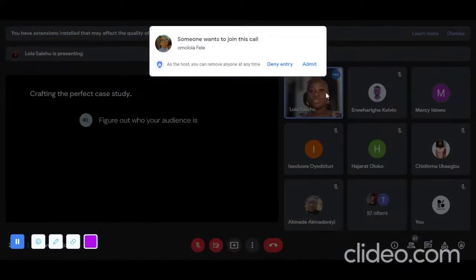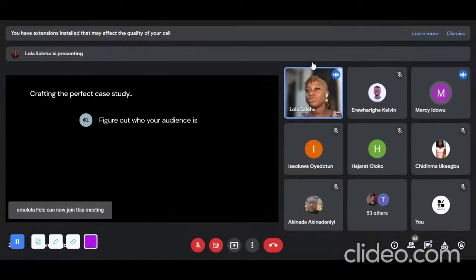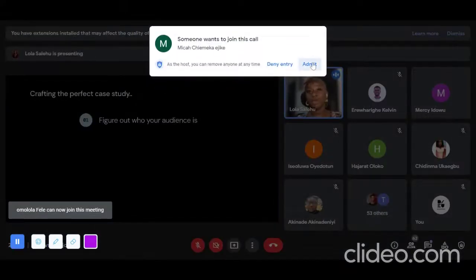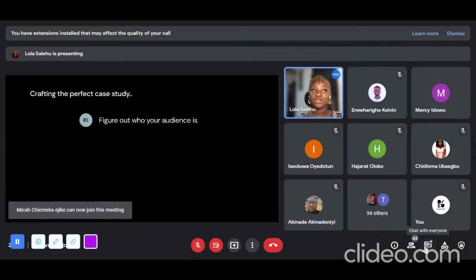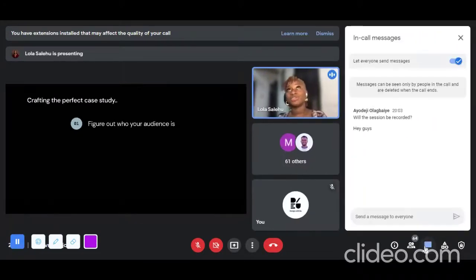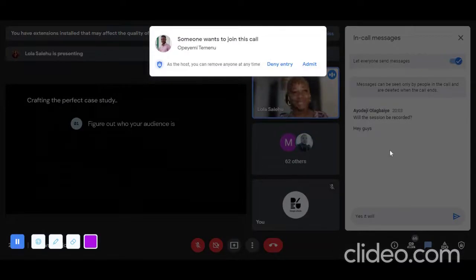You want to be careful not to try to make your case study be everything for everyone. I know that a lot of us might be lazy, and once you manage to document that one case study, you post it everywhere else. You're taking it to Behance, to Dribbble, to Medium, to your portfolio, just pasting everything like that.